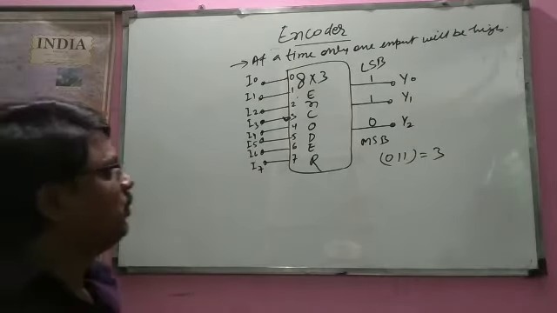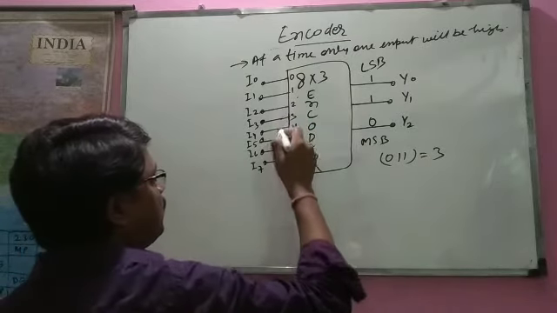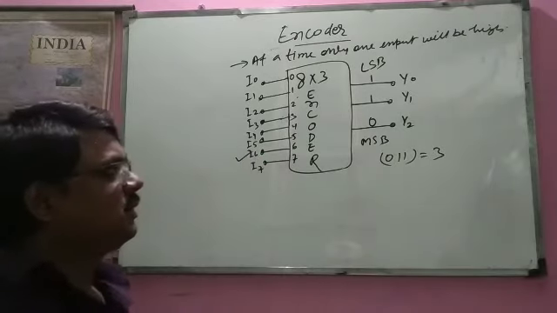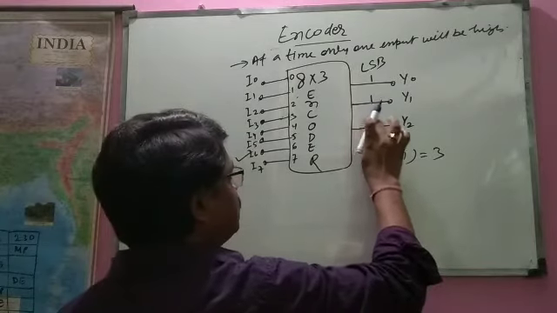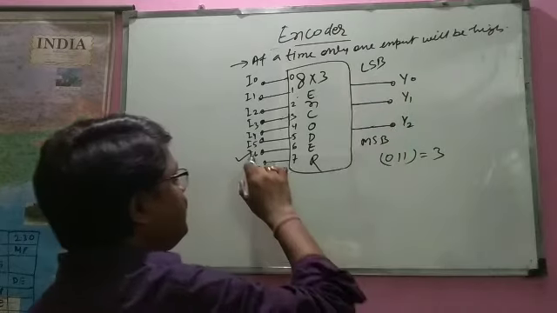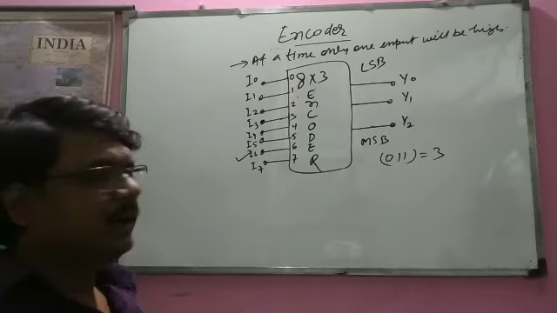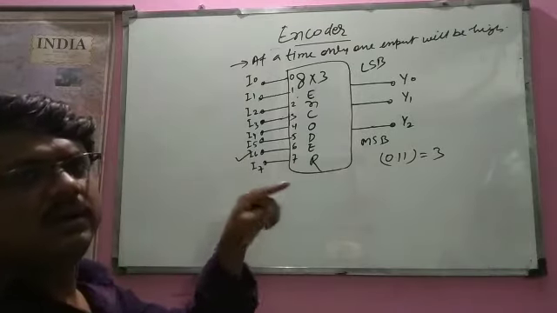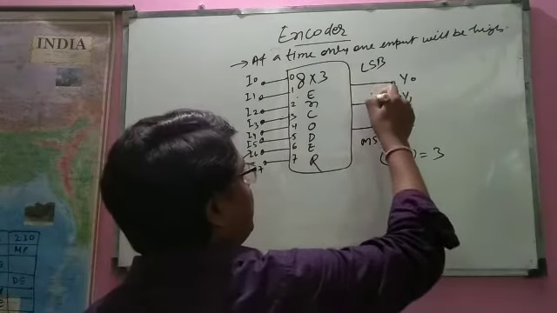Okay, so again in place of this one, it may be possible that this pin I6 goes high. So what happens? At that time this will be converted to its binary number. So binary number for 6 is 1 1 0.